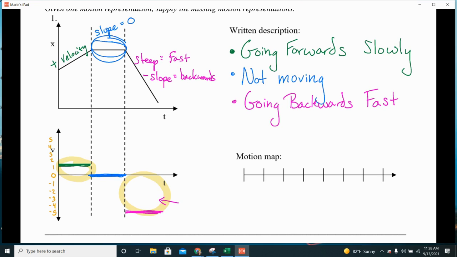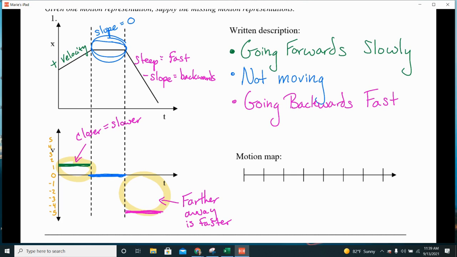So when it's farther away, it's faster. And this one is closer, so it's slower. All right.